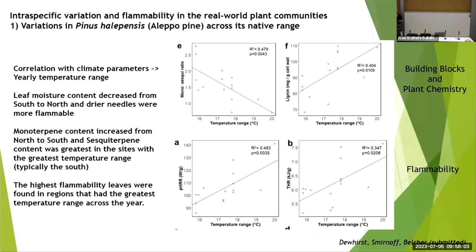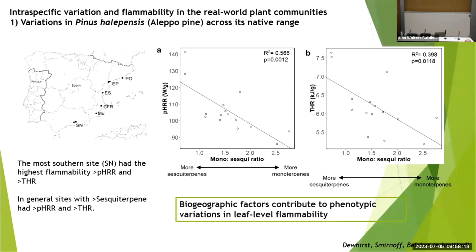And we also found the highest flammability leaves in the regions that had the greatest temperature range across the year, matching with this monoterpene sesquiterpene ratio, which I'm showing here. So on these graphs, I've got our flammability proxies. So here our peak heat release rate measurement, our total heat release rate, and this is the monoterpene sesquiterpene ratio.